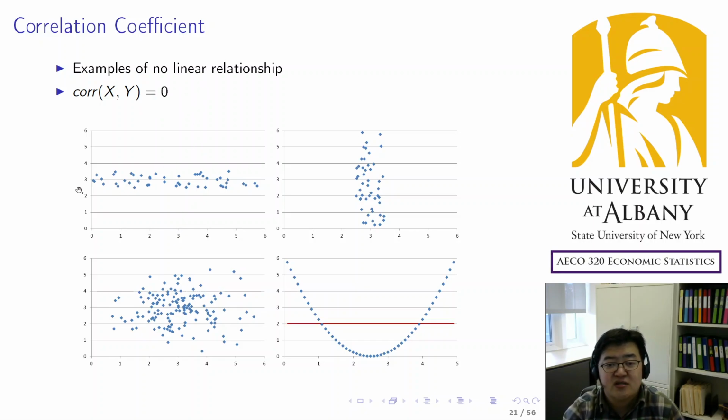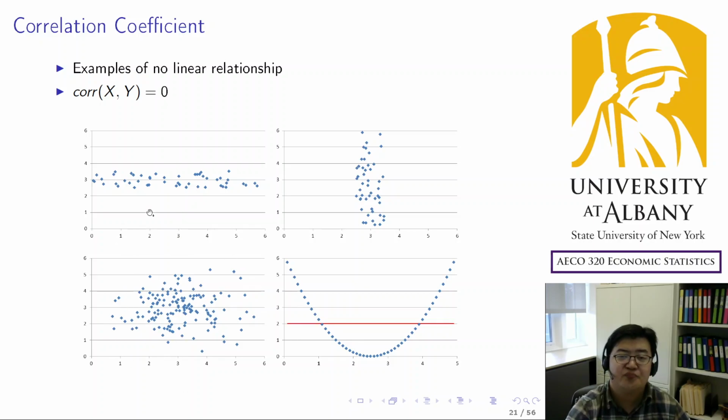It can be 0 when the trend line is flat, so clearly the slope is 0, but also in this example, the trend line is vertical. Still, we think of it as a 0 correlation coefficient. Very strange, right? Or simply there is no pattern, like in this case, where it's hard to make a straight line. You can think of it as a flat line.